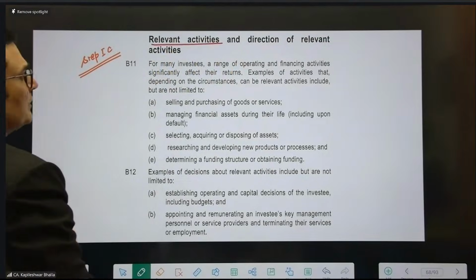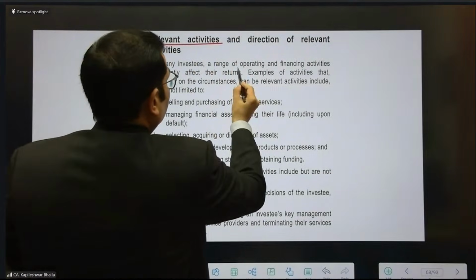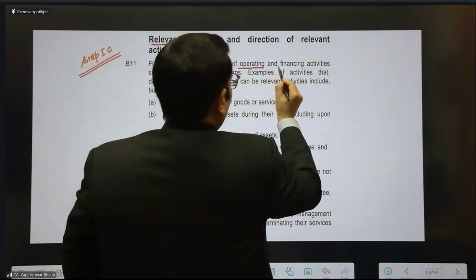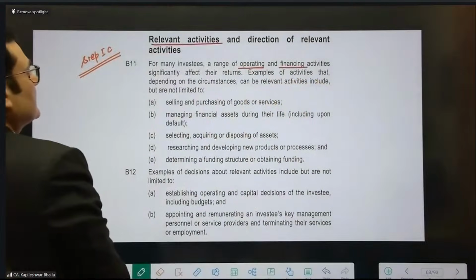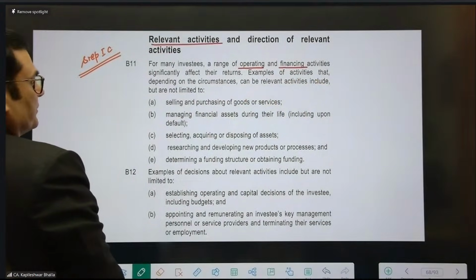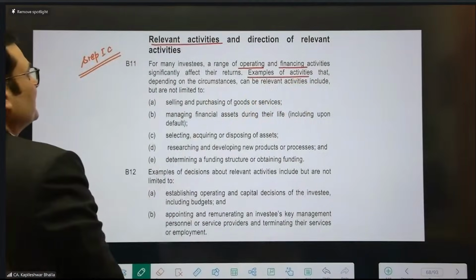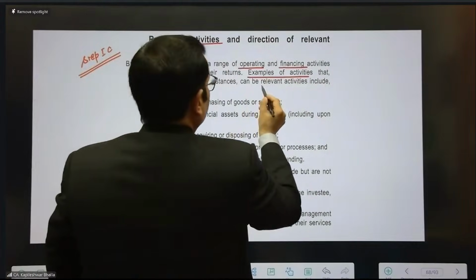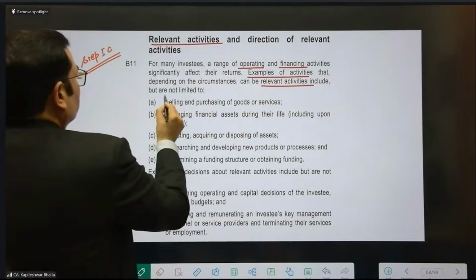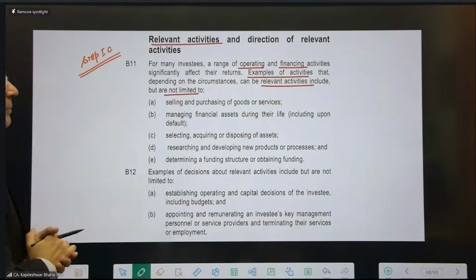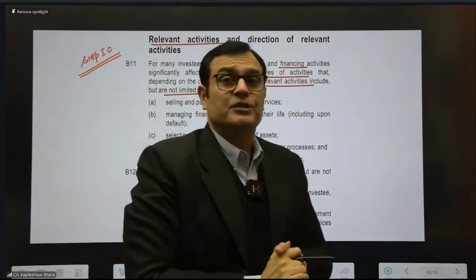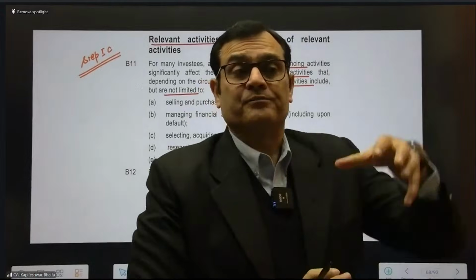It says for many investees, a range of operating and financing activities significantly affect the returns. Examples of activities that, depending upon the circumstances, can be relevant activities include, but are not limited to, the following. Para B11 gives you a list of activities which are relevant.